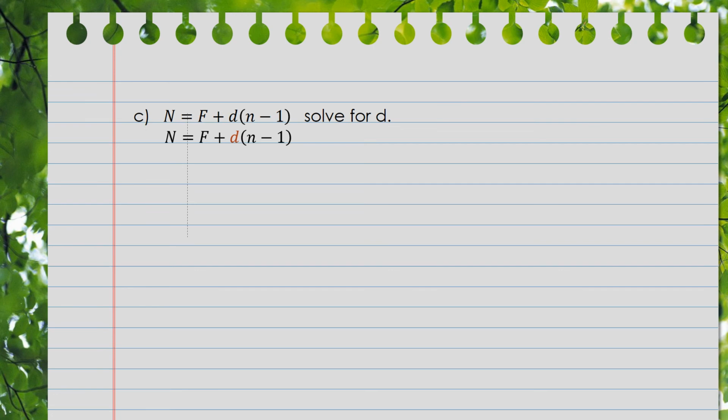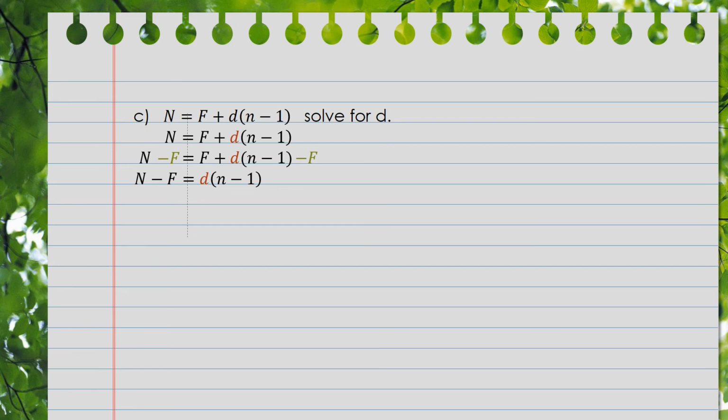The only way to remove it from the right side is by doing the opposite operation, which means we need to subtract F on the right side as long as we subtract it on the left side as well. And so we're left with N minus F equals D times the quantity N minus 1. Now notice we have the D term on the right side, but D is not quite completely by itself.